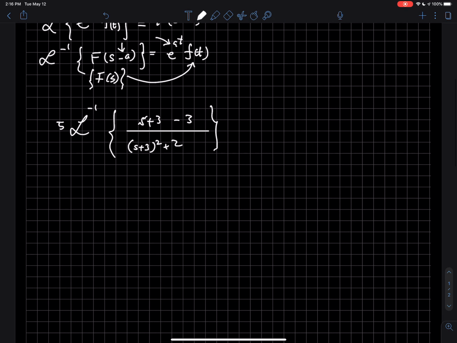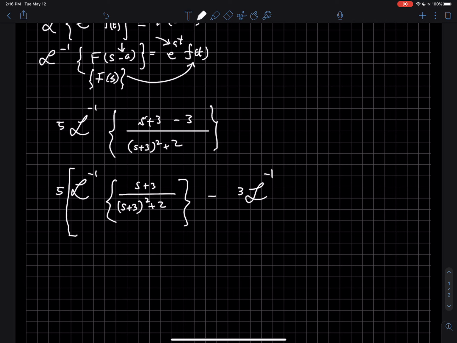Now I could separate this, so I have 5 Laplace inverse of s plus 3 over s plus 3 squared plus 2, and I can just put brackets there, minus 3 Laplace inverse of 1 over s plus 3 squared plus 2.